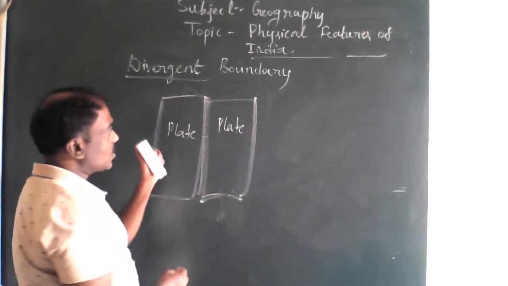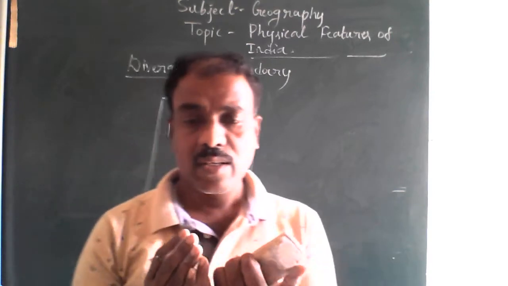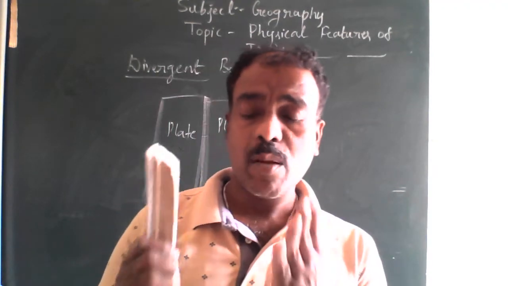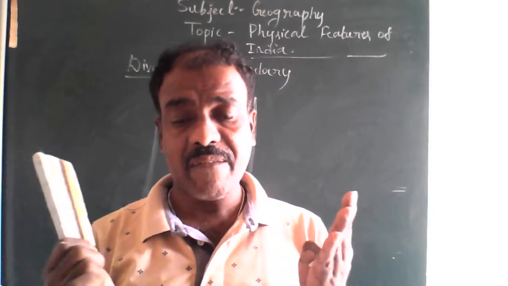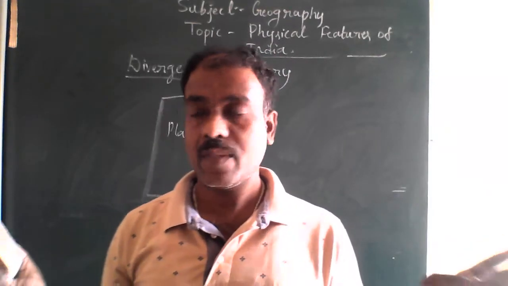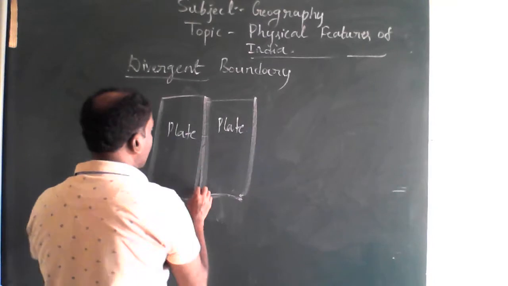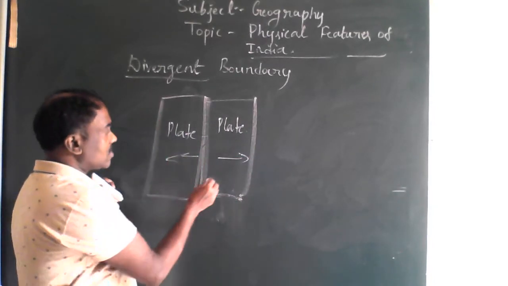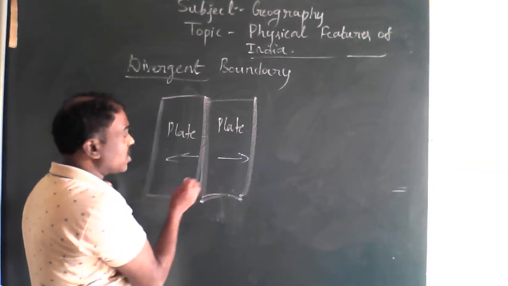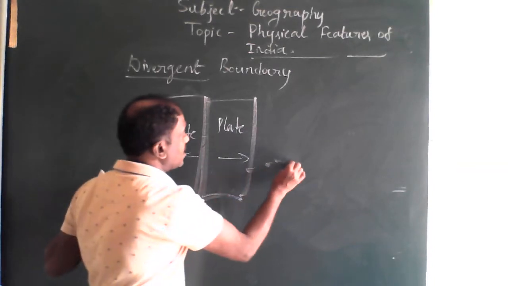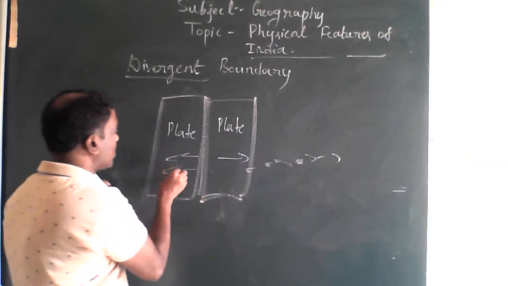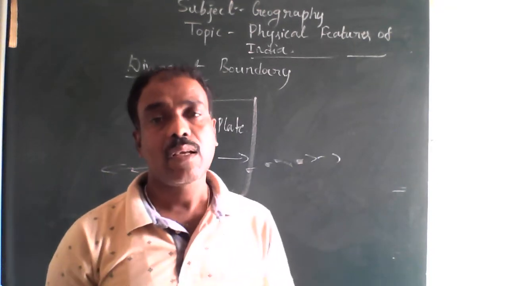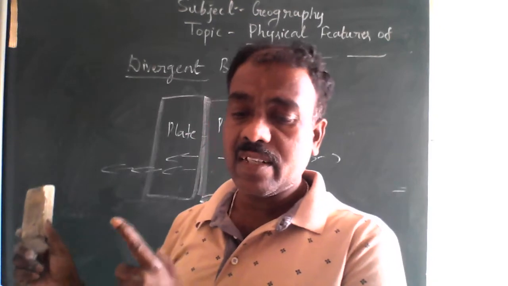See, here two plates are together. Sometimes what happens is the plates move away from each other. These plates move away. This divergent plate moves in this direction, and this one moves in that direction. And this forms divergent boundaries.